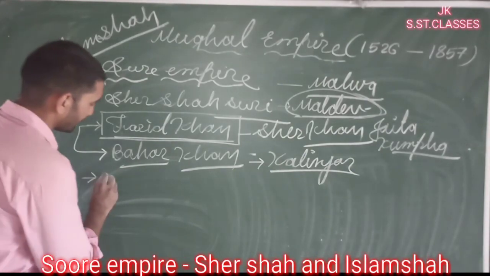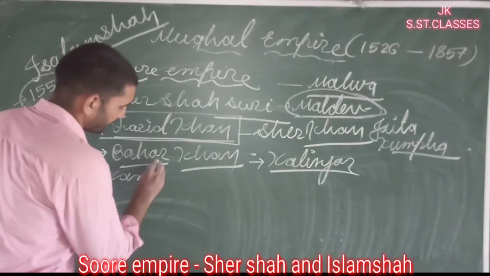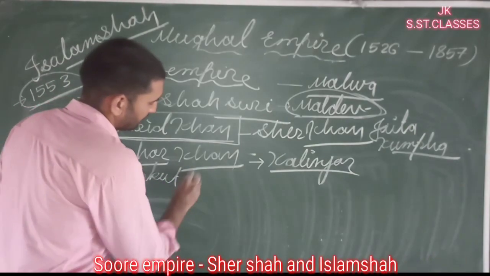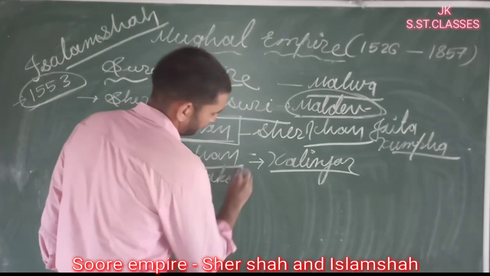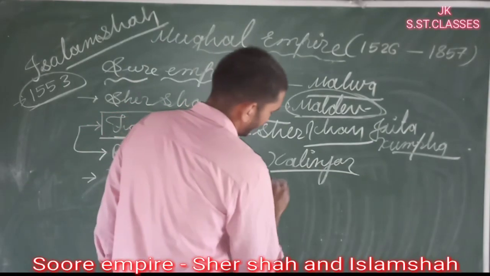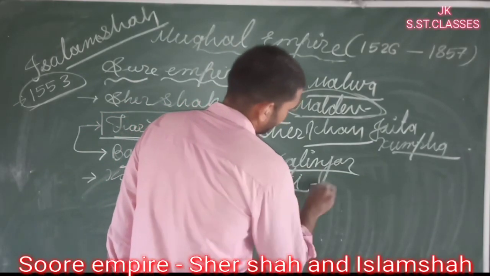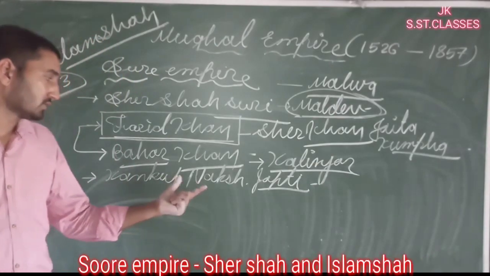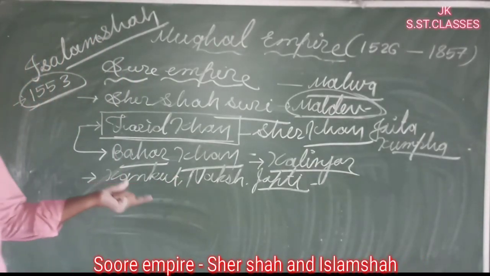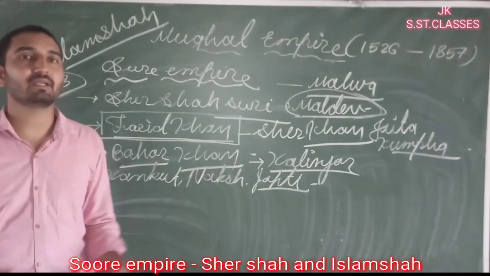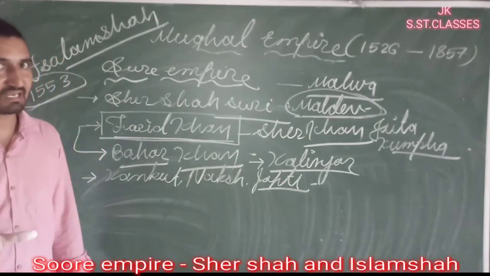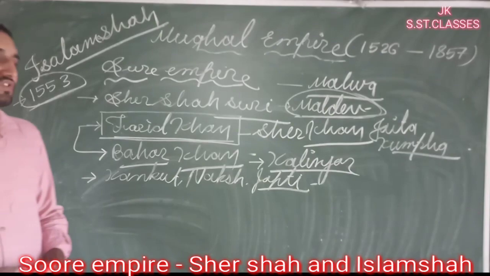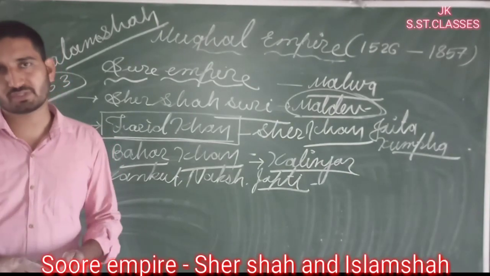He started the system of Kanpur, Nuts, Japti, Nagdi or Japti, and along with that Bantai. Okay, so this system of land revenue collection was started by Sher Shah. Is that clear? Along with that, he is also famous for his architectural constructions.